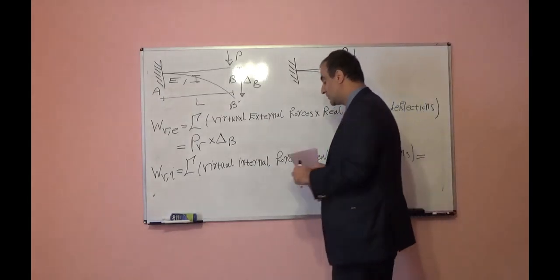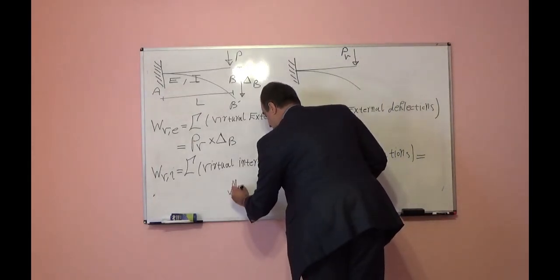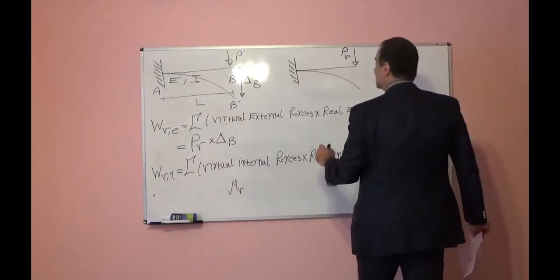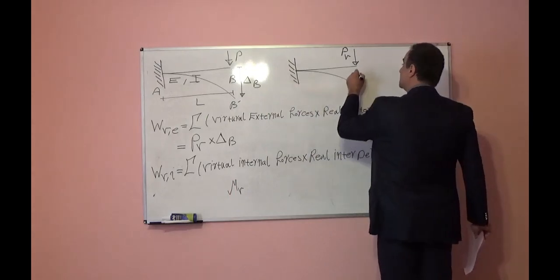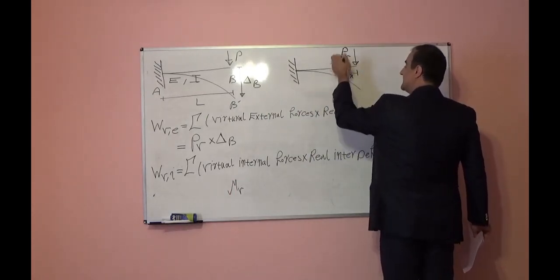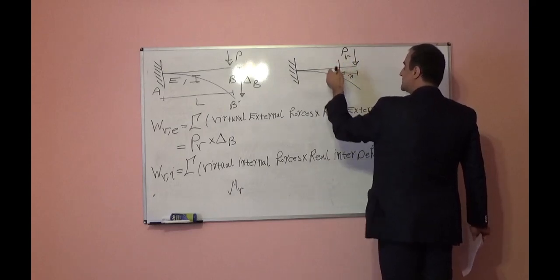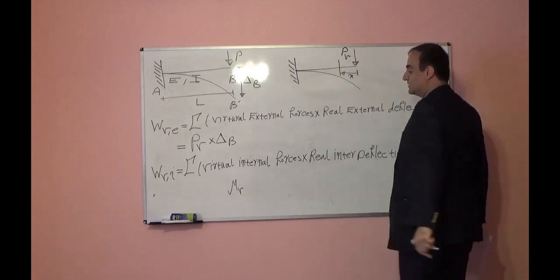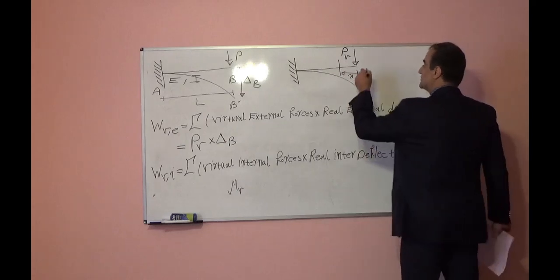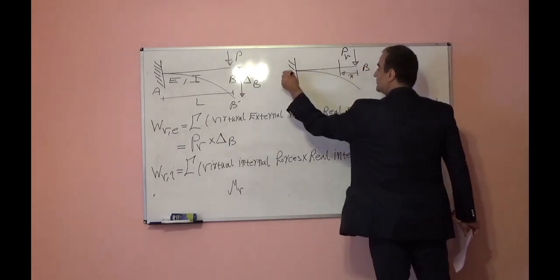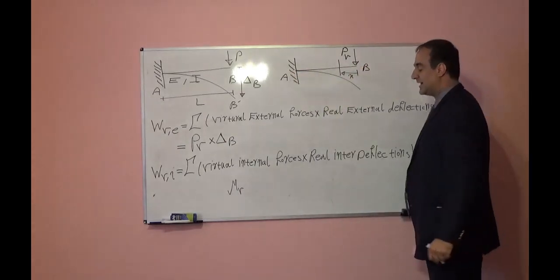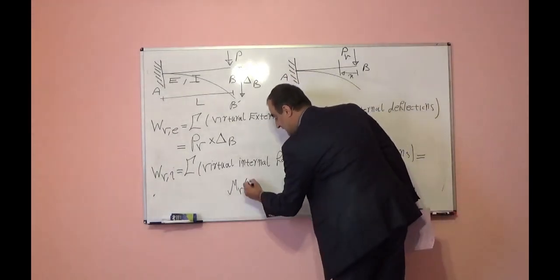Virtual internal moment, I will show it mv. That will be a function of x, because in any section, if I cut it, the distance of that section from the free end or point B is x, I will have mv x.